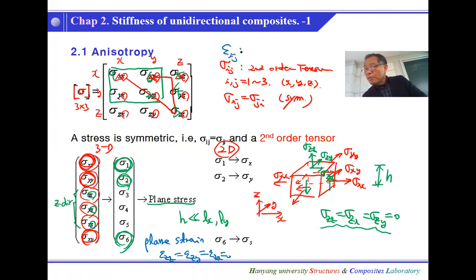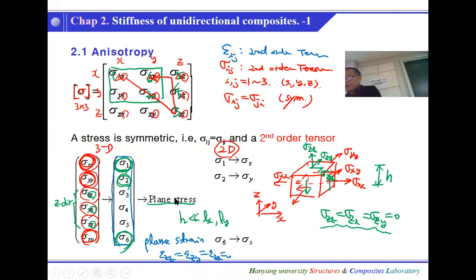I can say sigma ij and epsilon ij are both second order tensors. But again, I want to emphasize that in programming or in Excel or many cases, it is more convenient to use this vector form. But physically, you need to understand stress and strain in terms of a second order tensor.